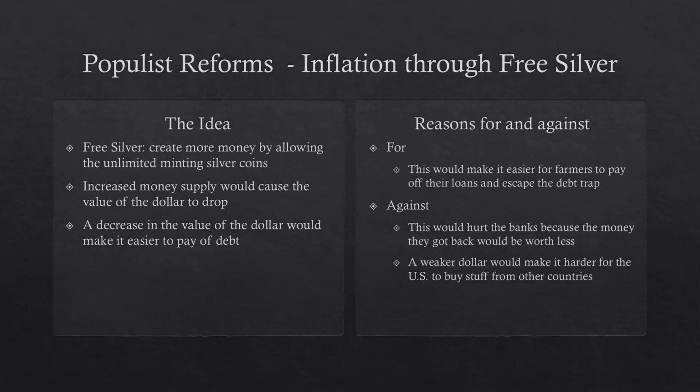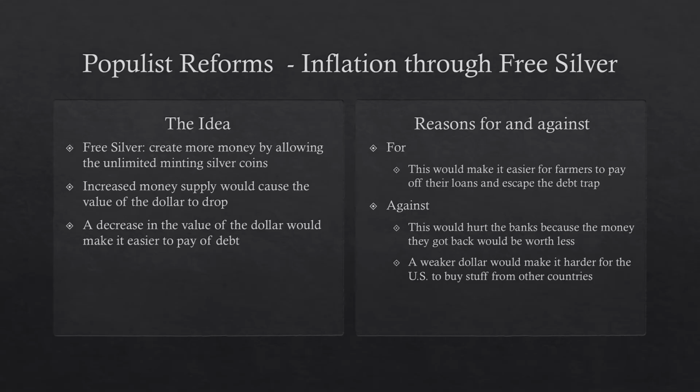And the Populists really wanted this. They thought that the best way to get inflation was to get free silver. Free silver is the idea where more and more money would be created by allowing silver to be used as coins instead of only gold. Silver is more common than gold, so if we switch to silver, then money would be less valuable. That would be inflation.